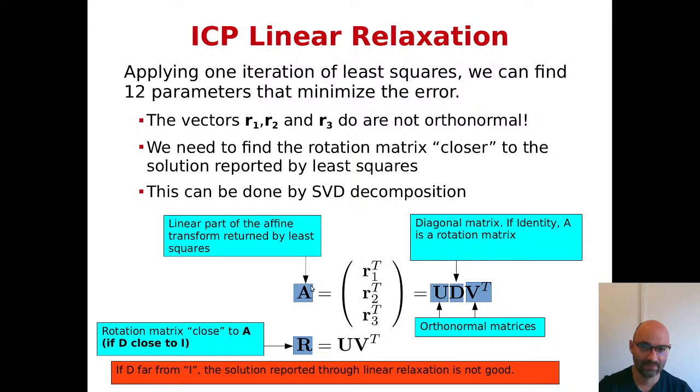Given a matrix A, the SVD decomposition consists of a triplet U, D, and V transposed with appropriate dimensions, where U is as tall as A and V has as many rows as A, because then it needs to be transposed. These matrices, both U and V, are orthonormal, and D is a diagonal matrix of the so-called singular values of A.